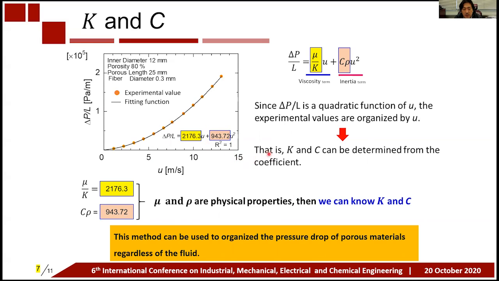If we focus on the constants of the velocity terms, we can find the first order viscosity term is about 2000, and the second order inertial term is about 900.